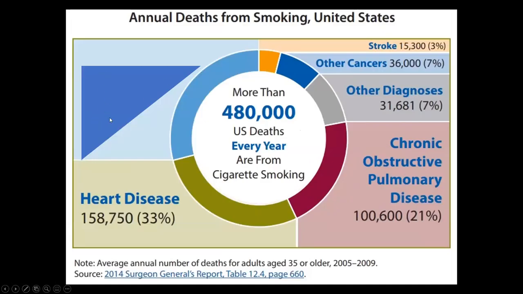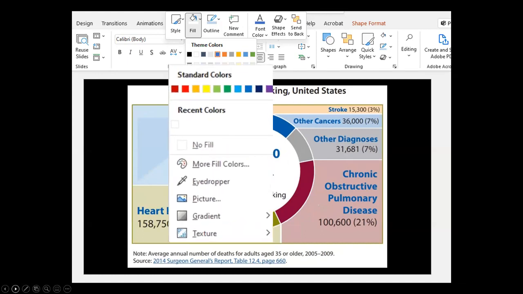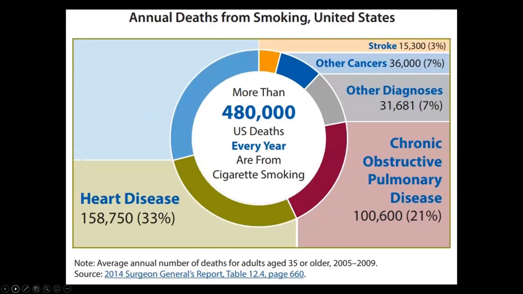Notice I have a triangle here that covered up this first piece of information, and it's differently colored. But when I use that eyedropper and I change the fill, I can then make it match perfectly to what is specifically in the image already.